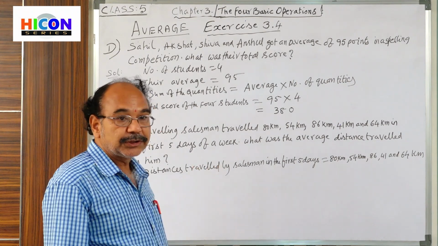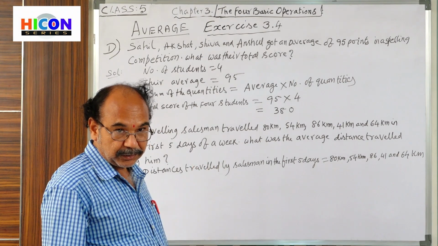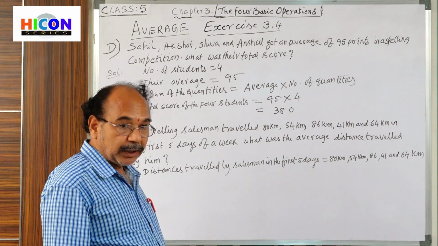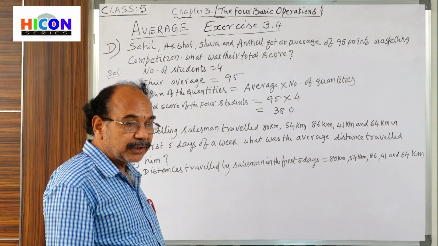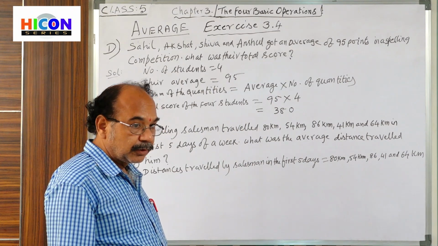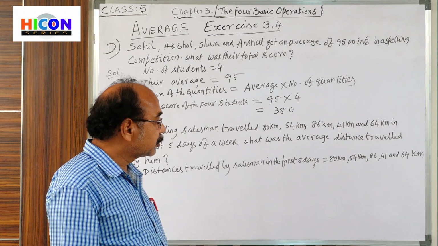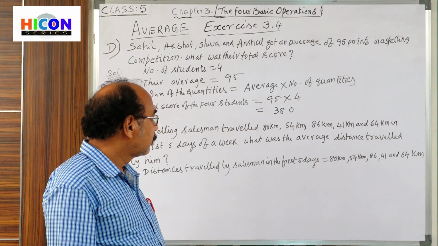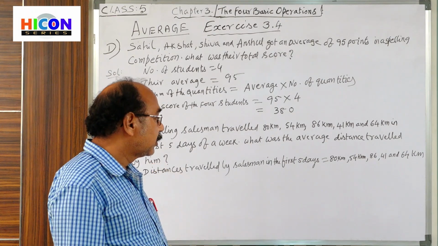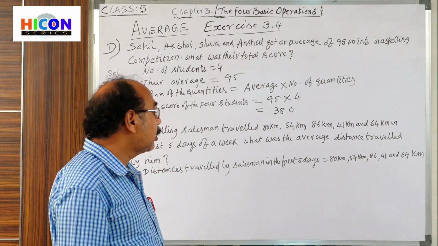Now, total distance calculate. Here, total distance we calculate. Why? Because in the formula, sum of the total distance traveled by number of days. That's why find the total distance.